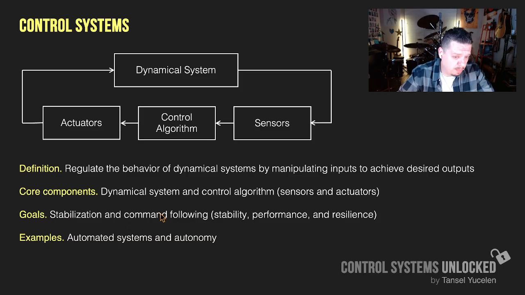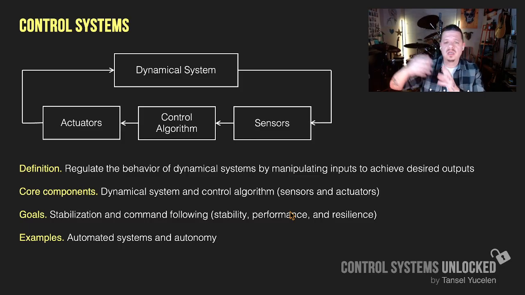And for both problems, we are going to discuss stability of the system. We want the system to have some stable properties. We have some performance objectives, like going from point A to point B in some desired number of seconds or minutes, and resilience to winds, unknown parameters, or structural damage.